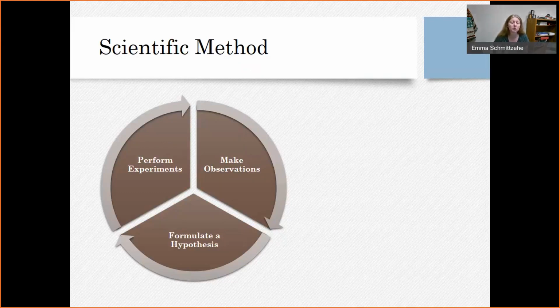Okay, so you observe something happening and say, okay, so I see this happens and I think this is why. Okay, and so from that, having these observations and saying, I think this is happening because of this, that's forming your hypothesis. And then you design something to test that hypothesis.